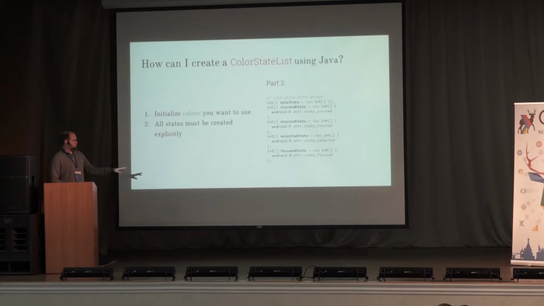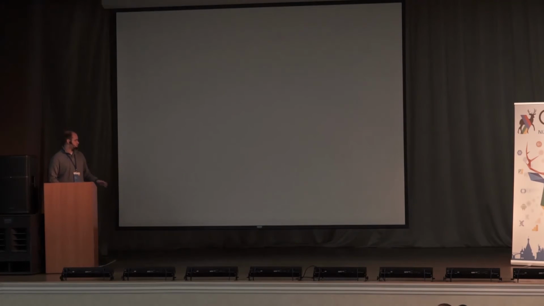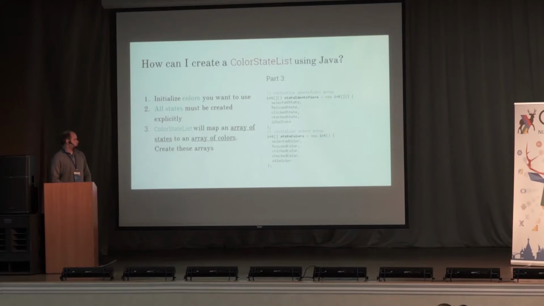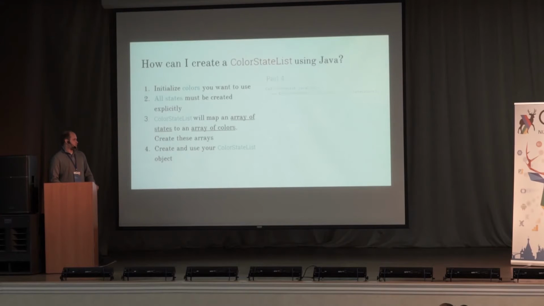So you've set your colors, you've set your states, and then you create another two arrays. That's why I said it's the hard manual way. You create two more arrays, one for identifiers, one for colors, and then the constructor of the state list takes these two arrays. So it's a lot of work, but if you put it in a method, it helps a lot.